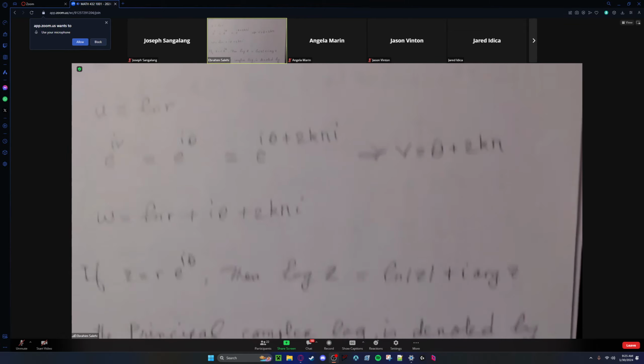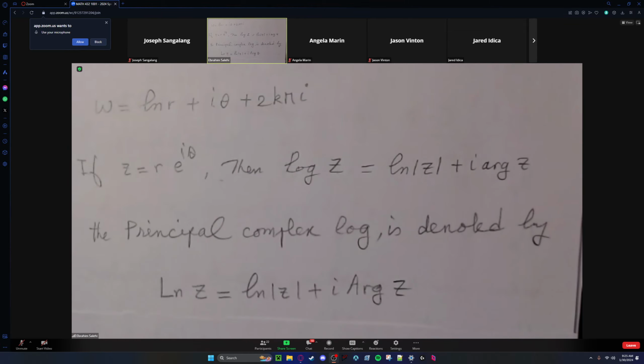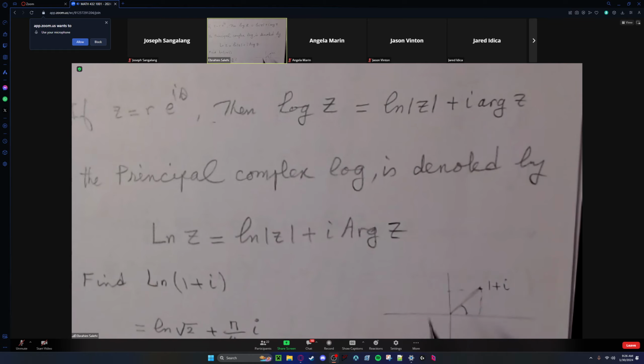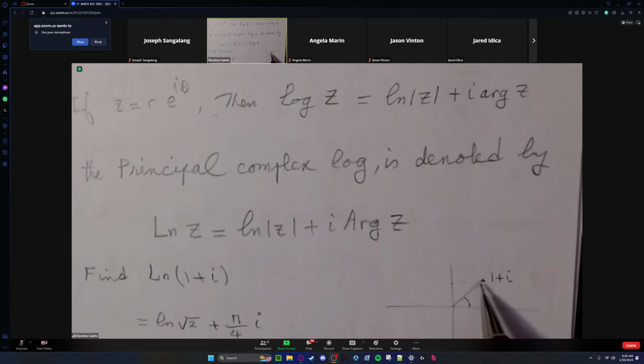Here's an example. I want to find log of 1 plus i. And this capital L, uppercase L, means the principal branch, all right? The principal branch. So you go ahead and plot the number. This is 1 plus i. Modulus, here is 1, here is 1.